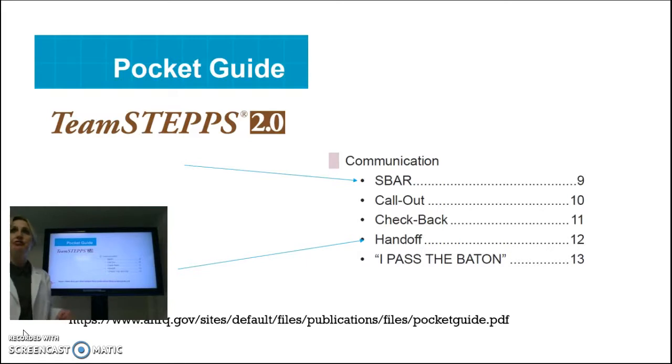We see that there are 5 different communication techniques. In today's scenario, we are just talking about the SBAR and the handoff, but you can see that there are other things as well, and we will do these in other scenarios, just not today. Monique, please describe to me the definition of an SBAR based on our Team Steps guide.